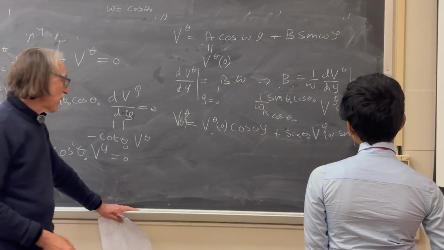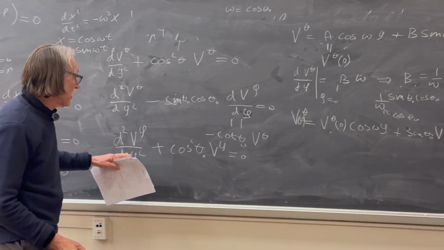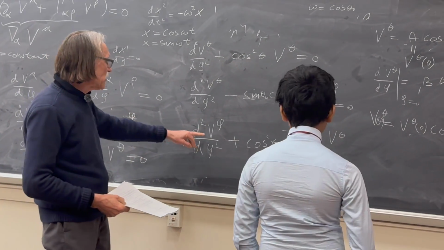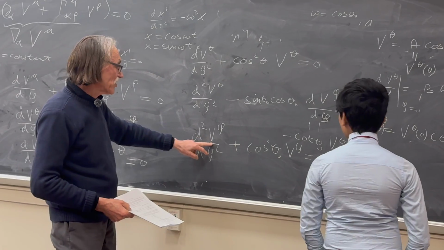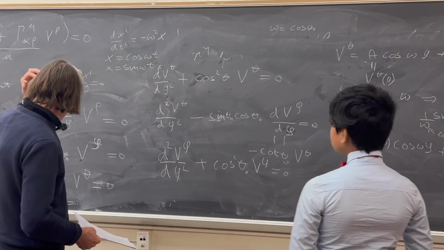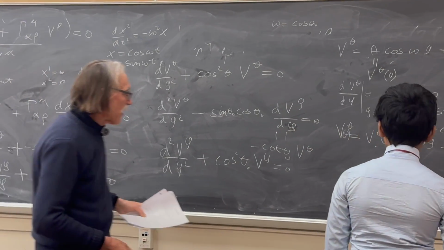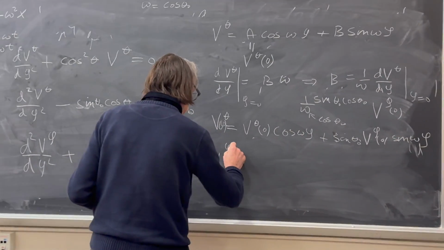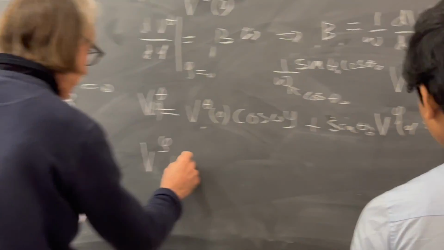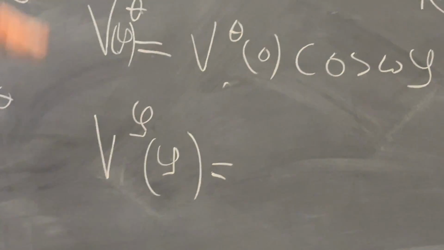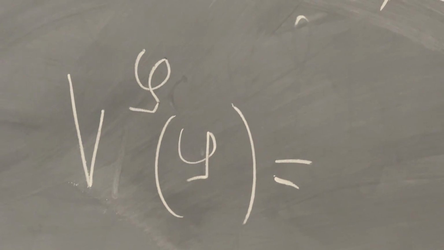And we can also solve this equation. And this equation is actually the same as this equation, same equation. And maybe I cannot. So v phi as a function of phi, it should also be of this form. A cosine phi plus b sine should be of this form.